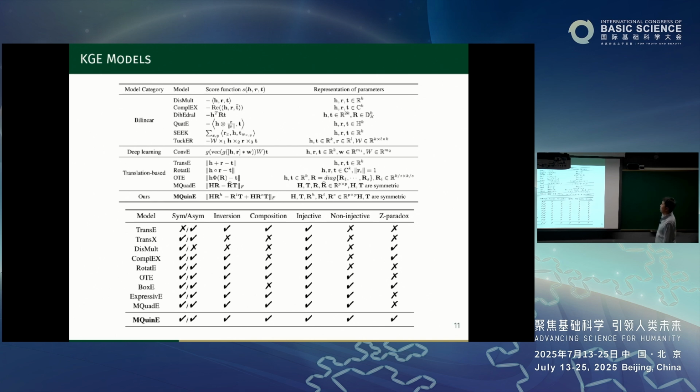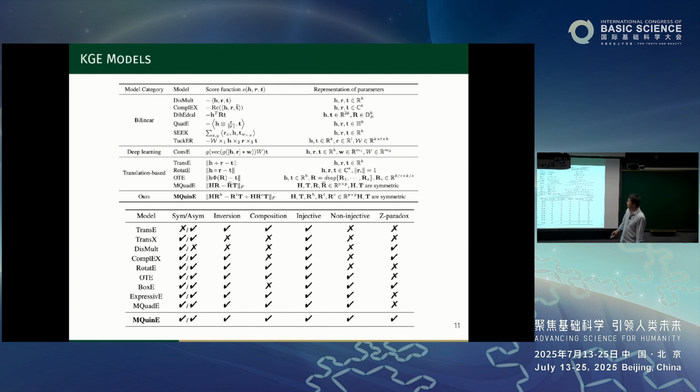Okay. Here, I only list maybe 11 or 12 methods. If you Google around, there are currently more than 30 models. They have a head, tail, and relation. You can give many scores, right, to see whether the fact is true or not.